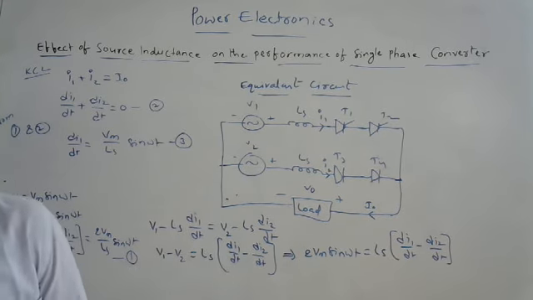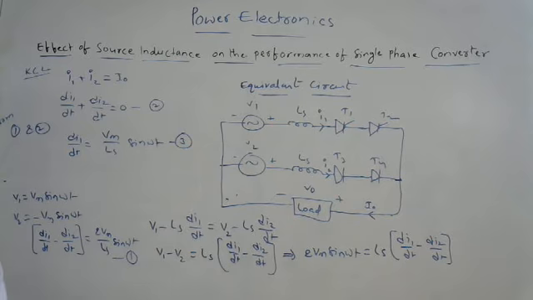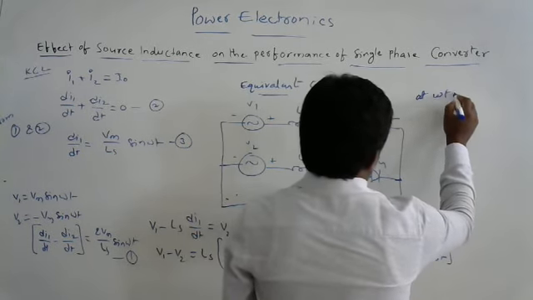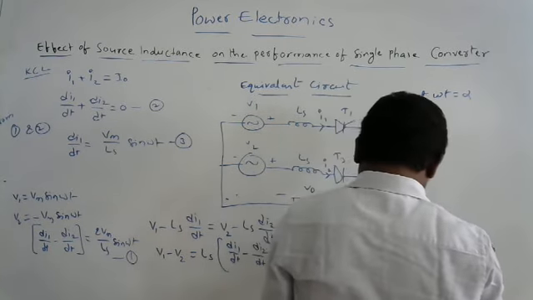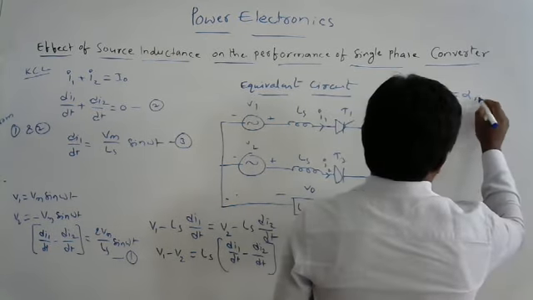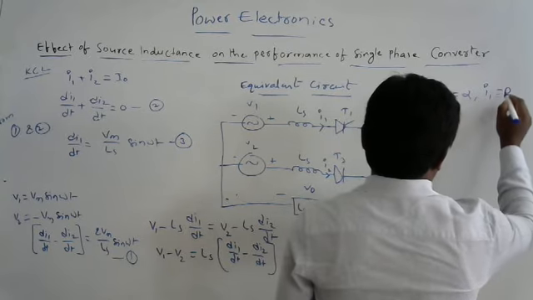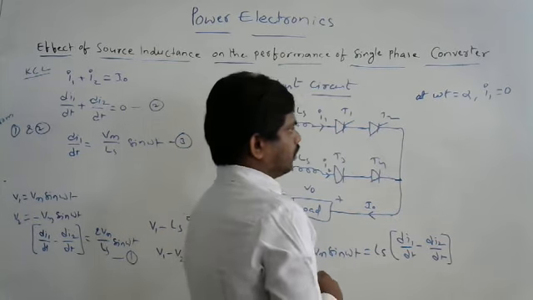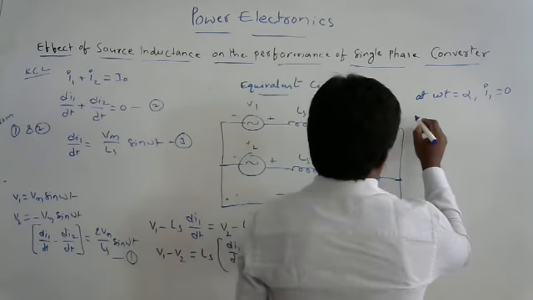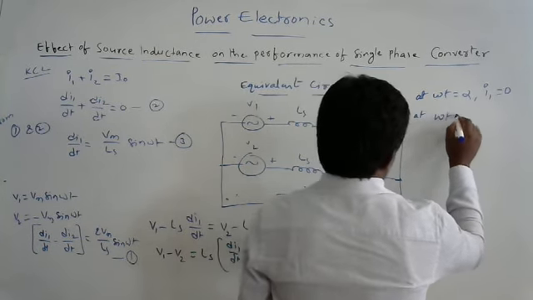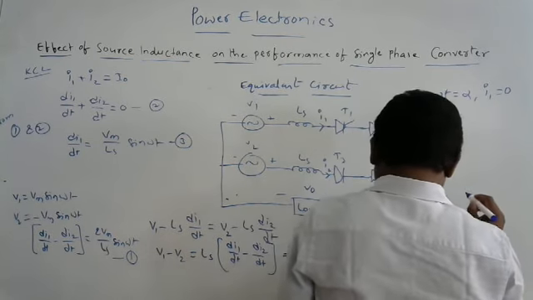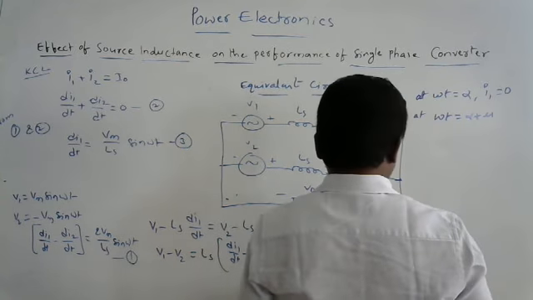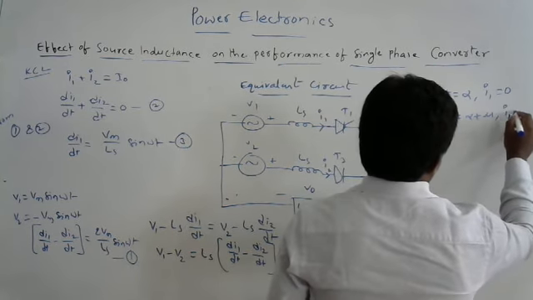Condition number 1: at omega t equal to alpha, the current I1 is equal to 0. At that time only, T1 and T2 trigger together. Then at omega t equal to alpha plus mu, this I1 current reaches I0.